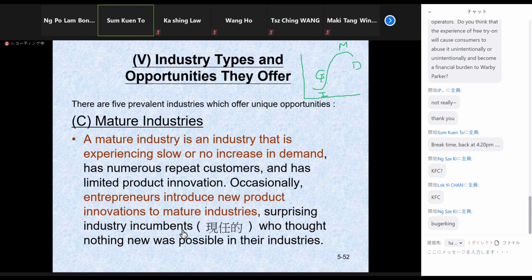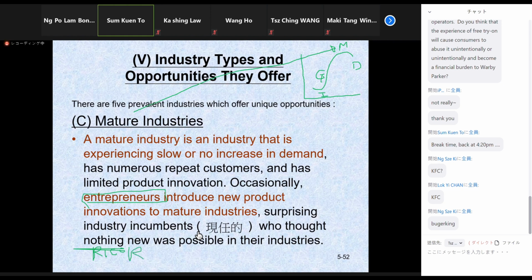So when you face a mature industry, it means the industry is already saturated, gone to the peak already. As an entrepreneur, if you are bright enough, you have PICT, execution, intelligence, and so on. You have a very bright idea, creativity, and then you can revive it.